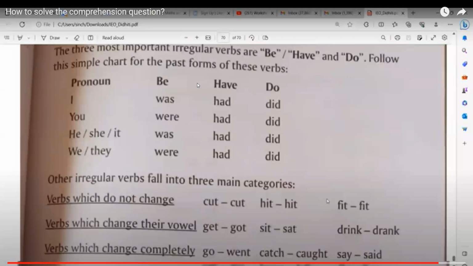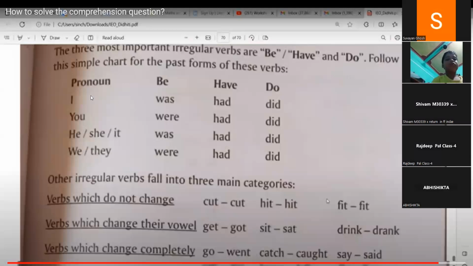Okay. Now, Shivam, can you read it here, beta? For the pronoun I? Yes. The pronouns are I, you, he, she, it, we, they. For the pronoun I, we use which type of verb?